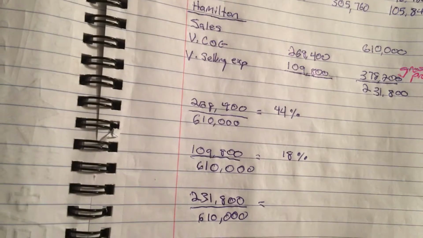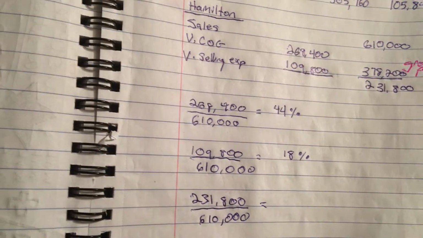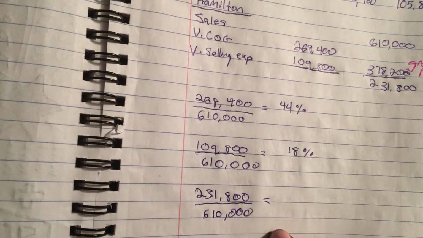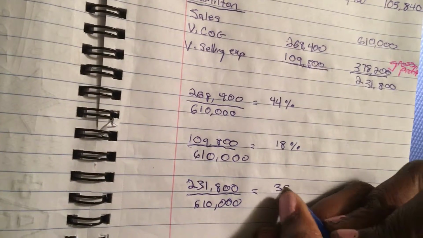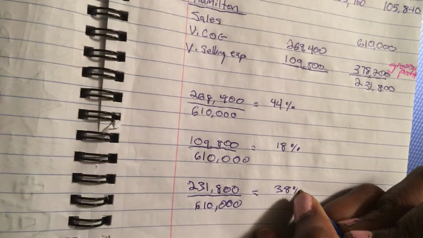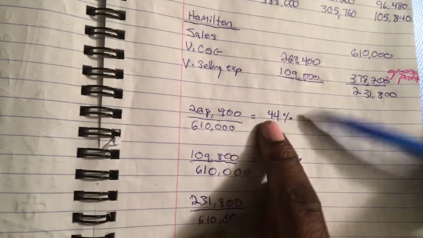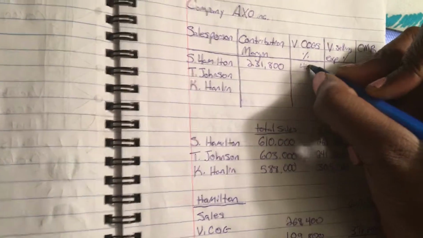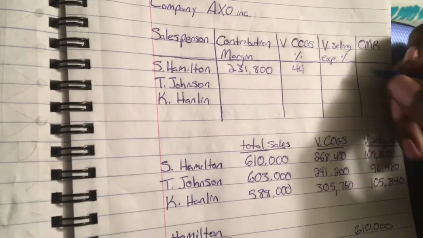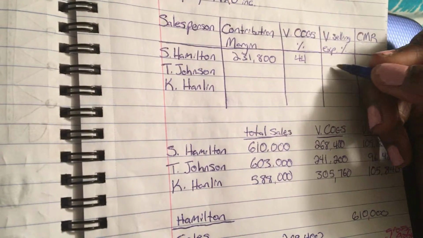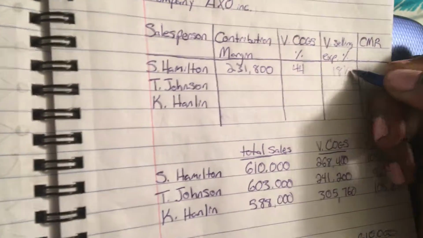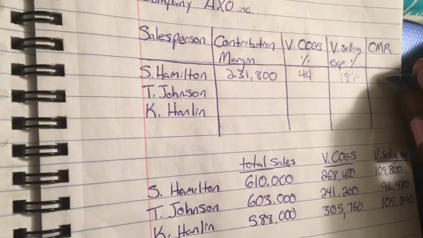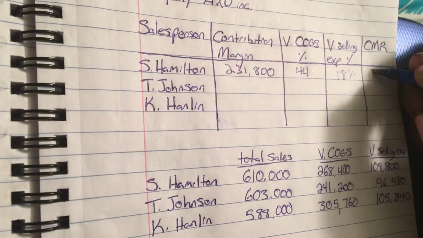And that equals 38%. And at this point, you'll just take these numbers and fill them in at the chart above. That's your percent for variable cost of goods sold, and your percent for variable selling, and your percent for your contribution margin ratio.